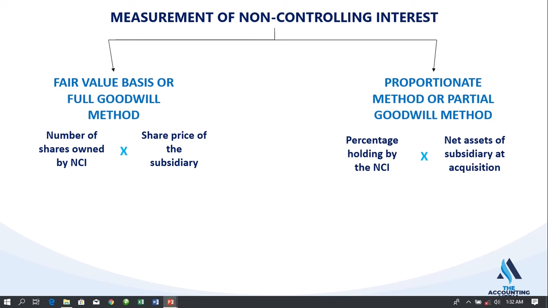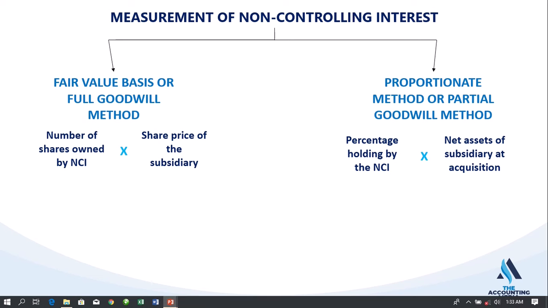But using the proportionate method, we call it the partial Goodwill method because any goodwill that we get from computing our NCI using the proportionate method belongs to only the parent company and not to everybody. That is why we said fair value basis is the same thing as full Goodwill method, while proportionate method is the same thing as partial Goodwill method.